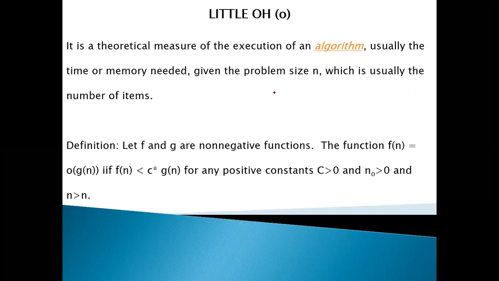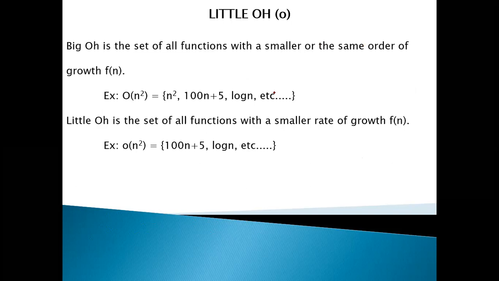Here little o notation is there. Little o, so this is the example. Big O is calculated including that value. Here order of n square and some other orders in the order of growth.